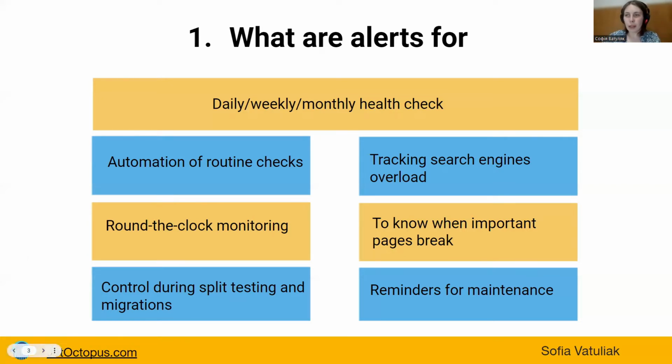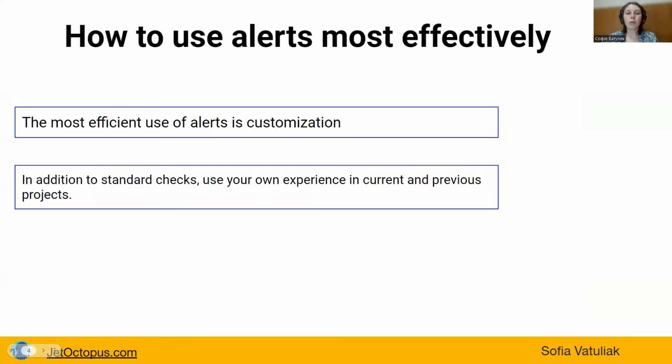And now let's move on to the question of how to use alerts most effectively. The golden rule is customization. Use custom alerts according to your tasks and according to the features of your website.